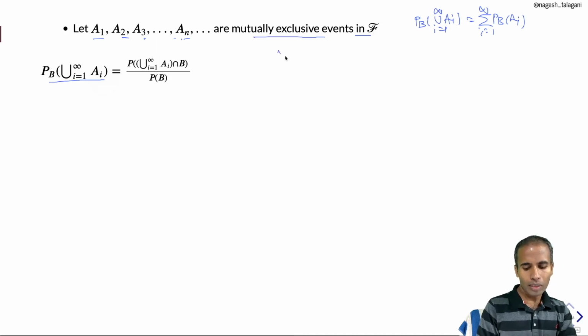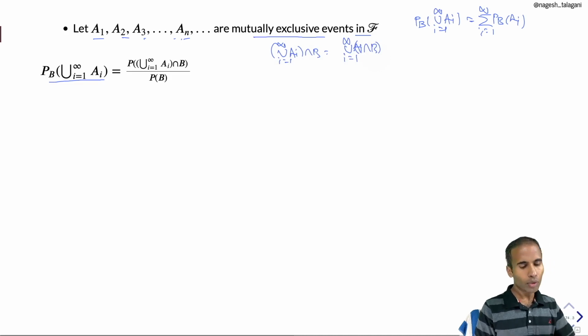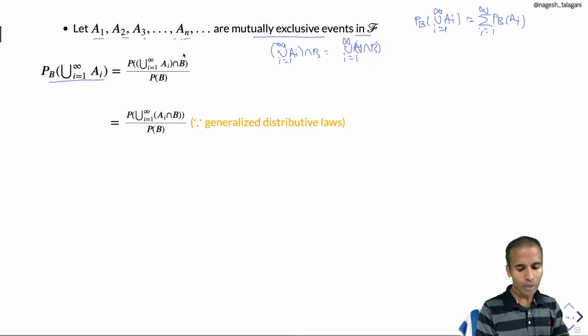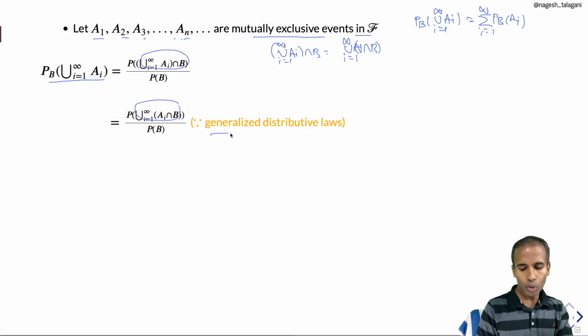Now, this union of A_i intersecting with B, we can write as the union over i from 1 to infinity of (A_i ∩ B), due to the generalized version of the distributive laws. So in the next step, this part is replaced with this one due to the generalized distributive laws.